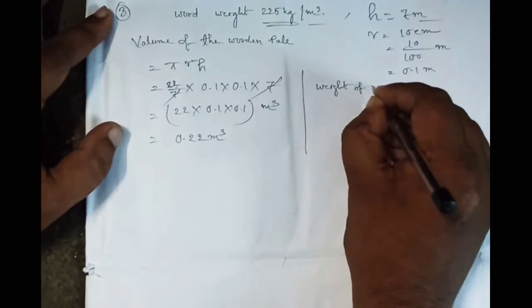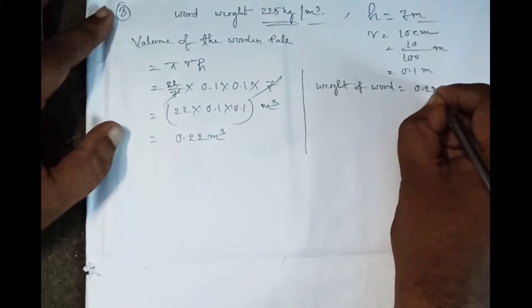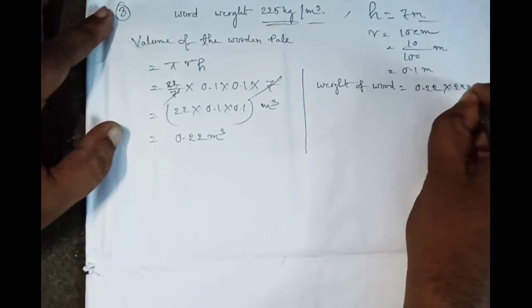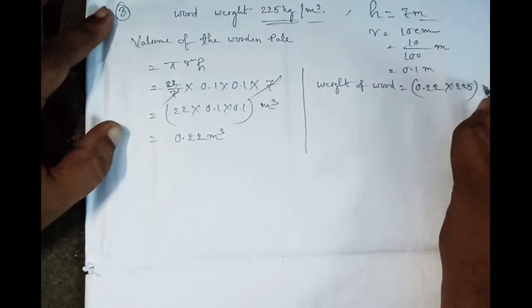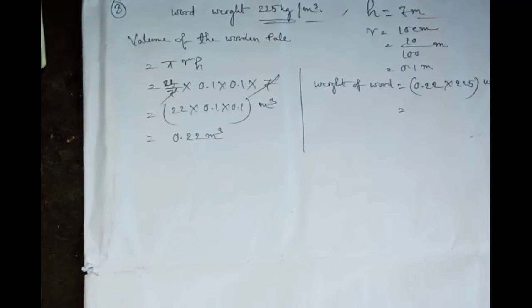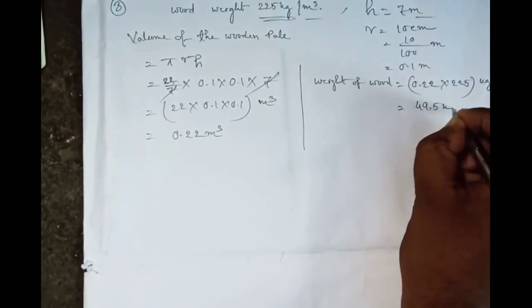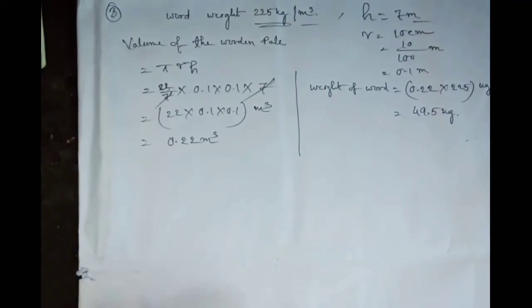Now the weight of the wood should be 0.22 into 225 kg. So that means 49.5 kg. That should be the answer.